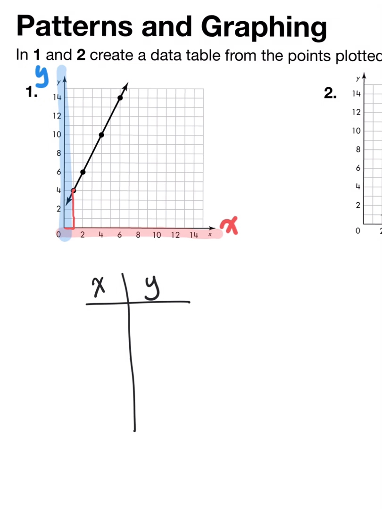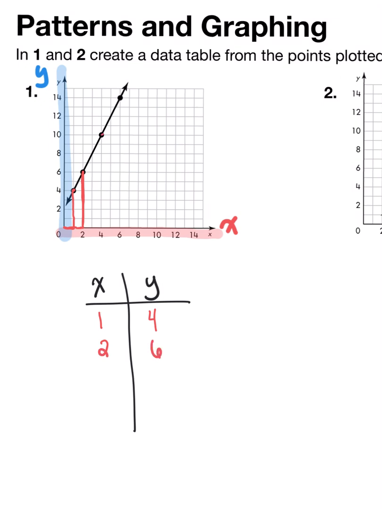So this location is X-axis 1, Y-axis 4. The next point is at X-axis 2, Y-axis 6. So I went over 2 and then up 6.